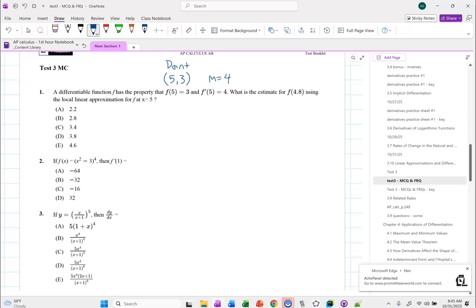That's a slope. That's my linear approximation. I'm just plugging 4.8 in.